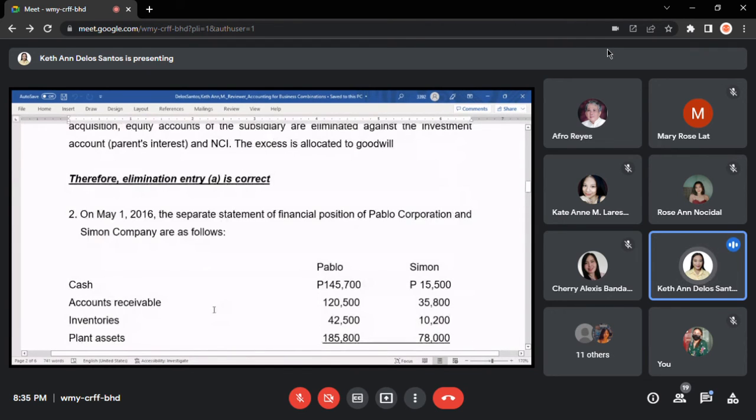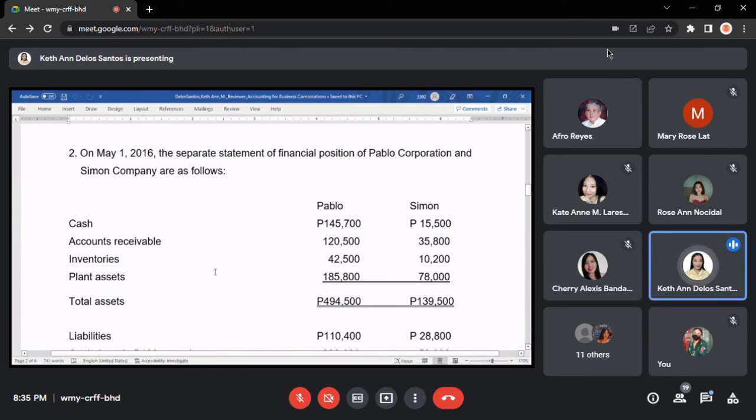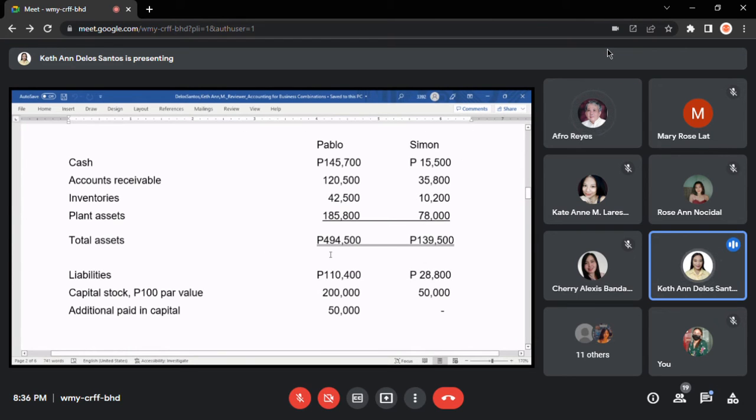Problem number 2. May 1, 2016, the separate statement of financial position of Pablo Corporation and Simon Company are as follows. Cash for the entry of Pablo, 145,700. Accounts receivable, Pablo, 120,500. Inventories, 42,500. Plant assets, 185,800 with a total assets of 494,500.